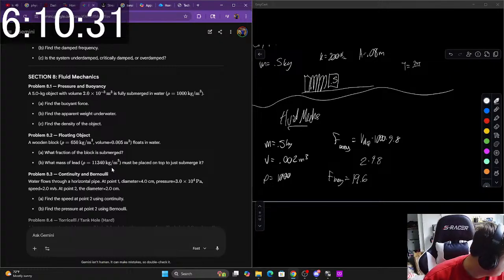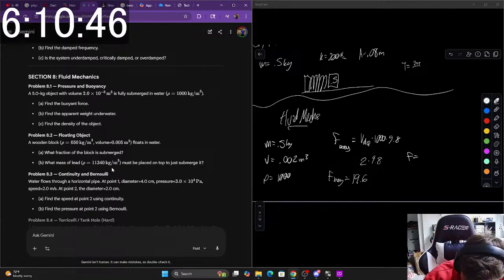I think it is. And then we need to find the density of the object, which is P. Oh, I don't have that. F equals PA. And so this is what we're trying to solve for here.